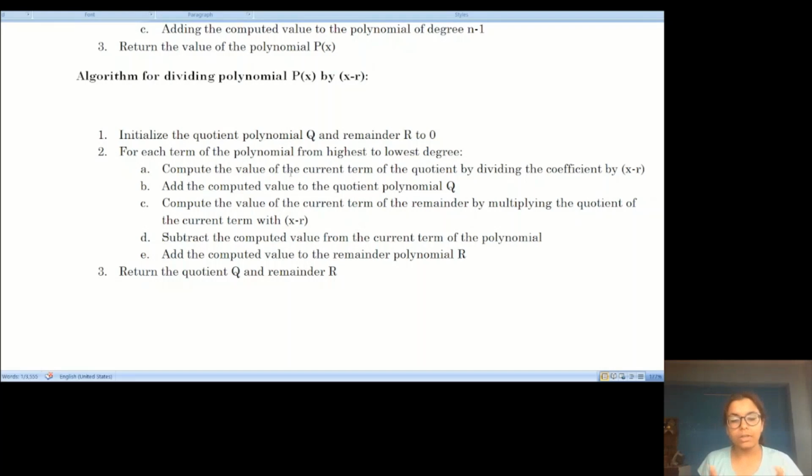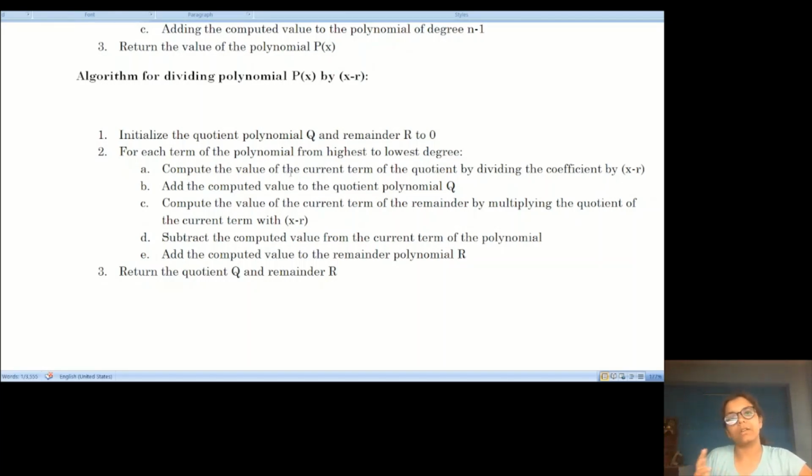So we get both the things, right? We get a quotient, we get a remainder, and to do that, the remainder would be multiplied to the quotient that we have generated, and after doing that we have to subtract the computed value from the current term of the polynomial.